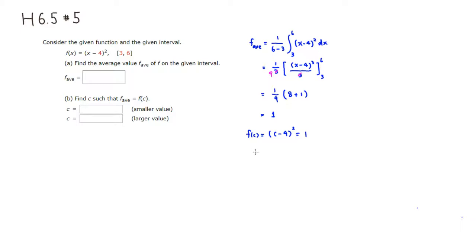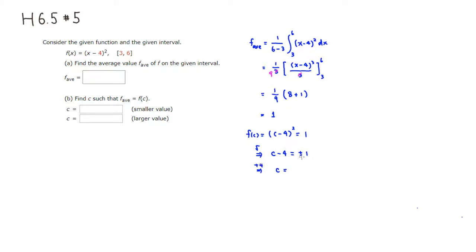Then we can take the square root of both sides, and you get C minus 4 is equal to plus or minus 1. Then we can simply add 4 to isolate C.